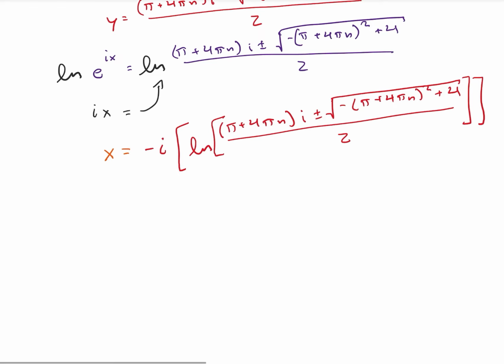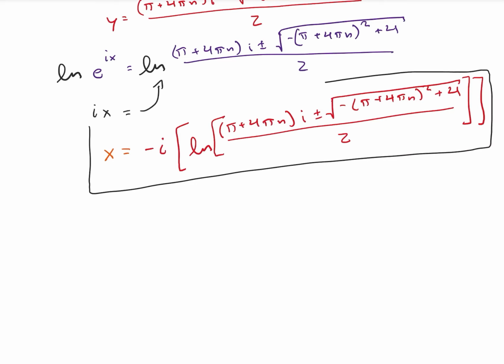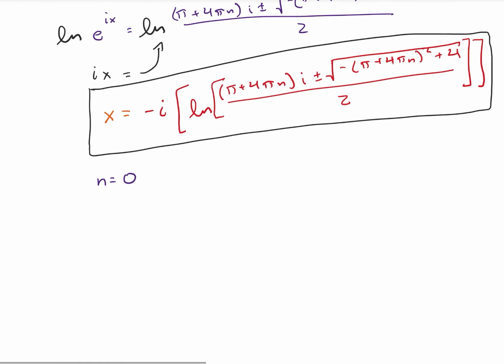All right, so what does that tell us? Well, that tells us what our solution is. So our solution is this lovely equation over here. It is not unique. So we have an infinite number of solutions to this equation. And if we wanted to, let's find a solution when n equals 0. So let's find our base solution for one of our branches.